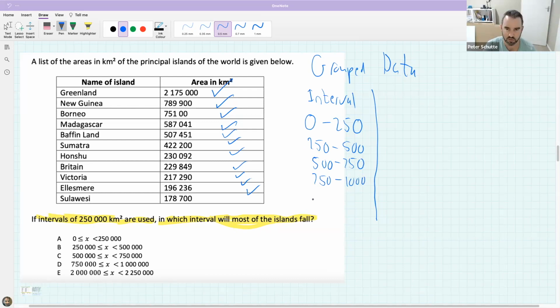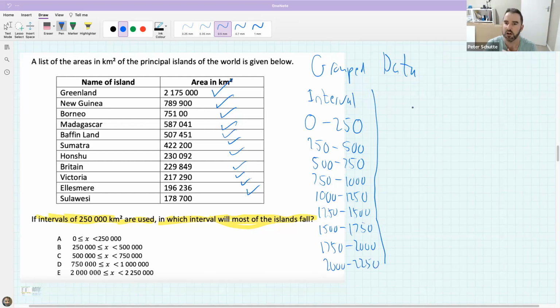And then there's also going to be, let's have a look at this last one over here. That seems a bit way out. Is there anything that big? Oh, there is Greenland. Okay, well, I guess we could go like 1,000 to 1,250. 1,250 to 1,500. Okay, and then 2,000.